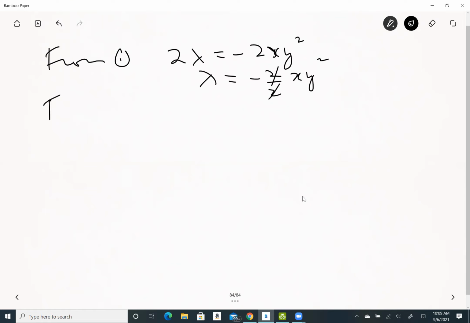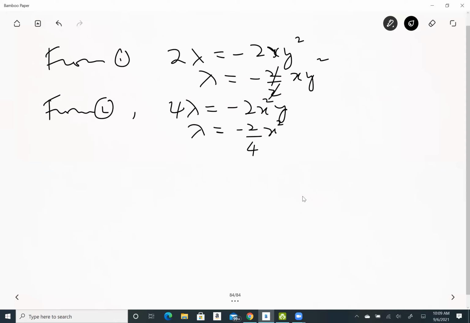And then from number 2, we get 4 lambda equal to negative 2x squared y. So lambda equals negative 2 over 4 x squared y, cancel out, you get negative 1 over 2. Therefore, the two lambdas are equal. I get negative xy squared equal to negative 1 over 2 x squared y.